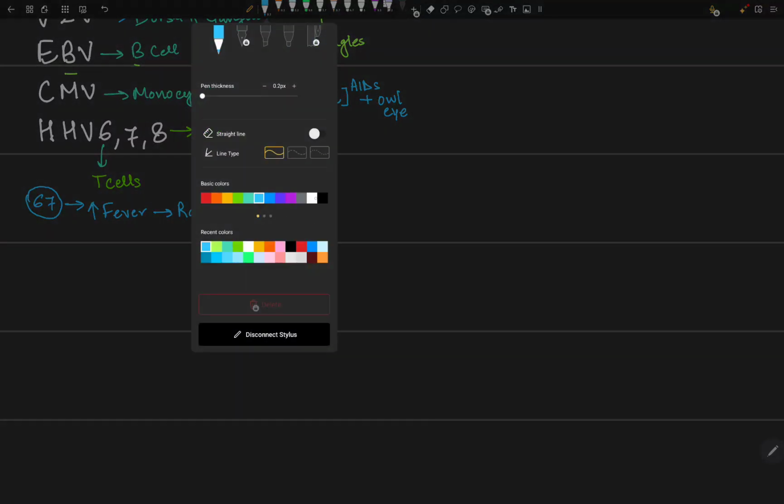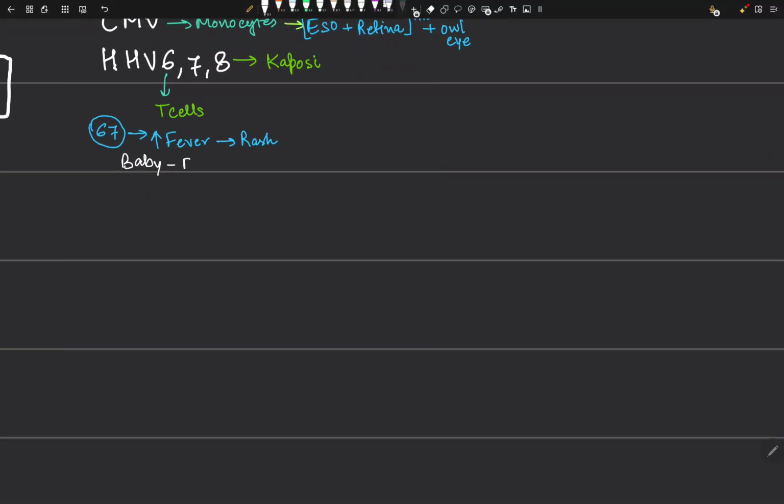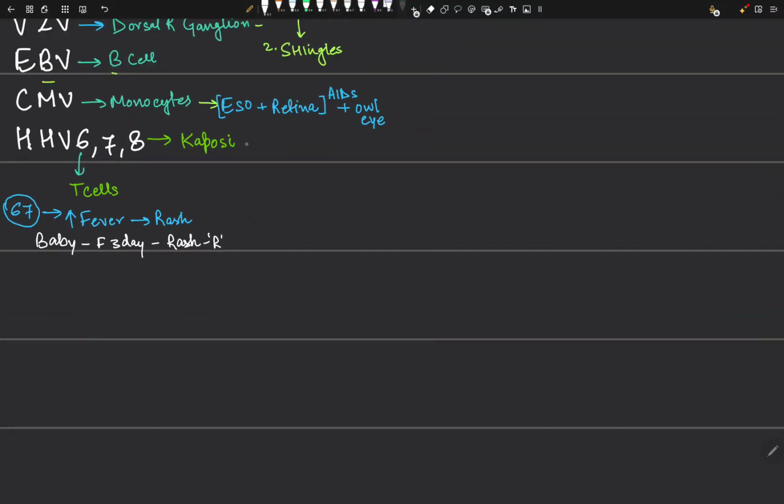Baby, right? What's the vignette? The vignette is we have a baby, has fever for 3 days, right? And then suddenly a rash appears, and it gets resolved. That's the vignette, okay? HHV 8 is associated with Kaposi, purple vascular lesion, and again, AIDS patients as well.